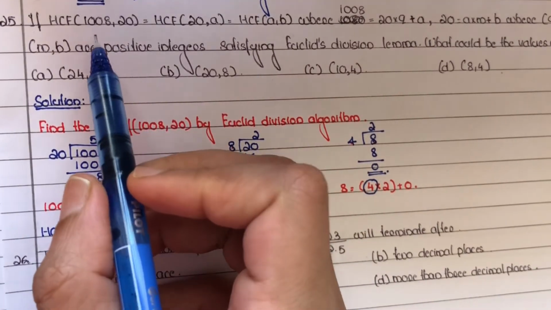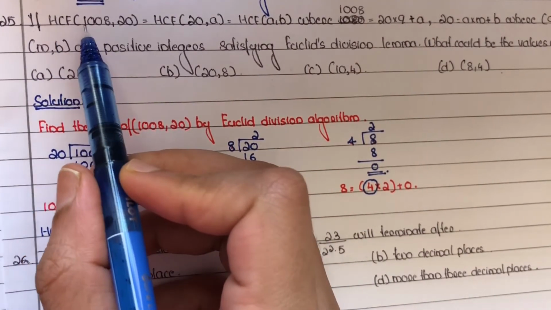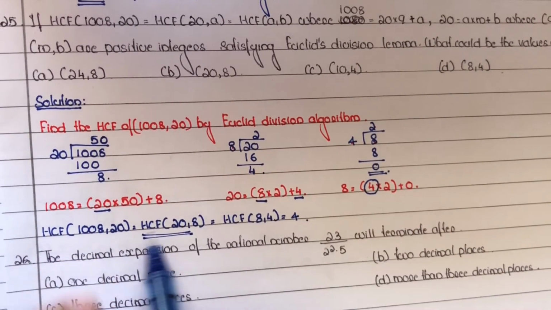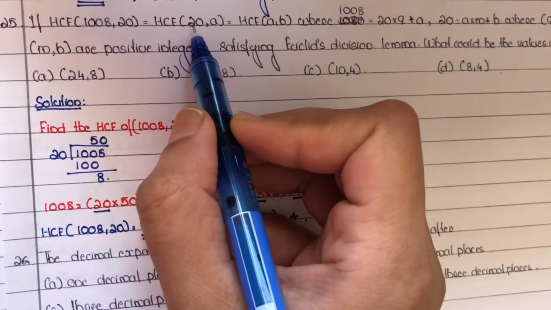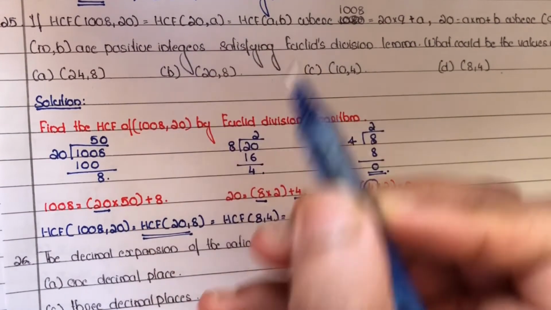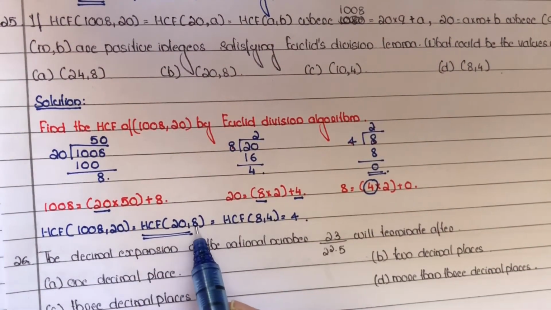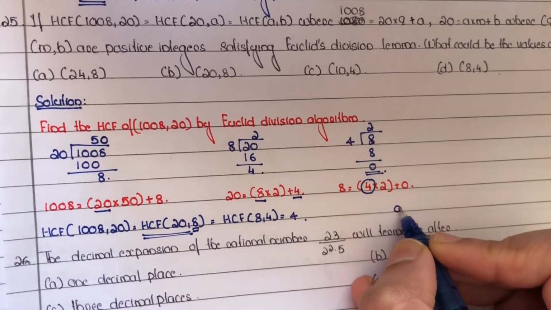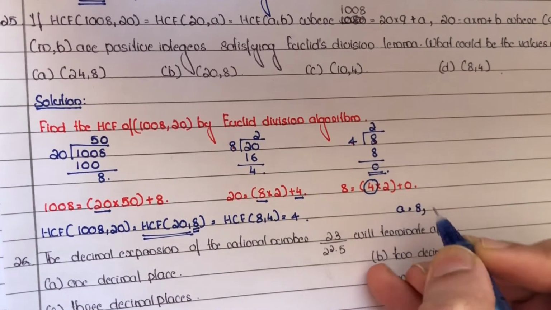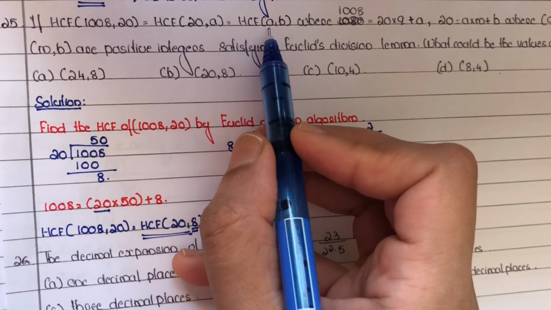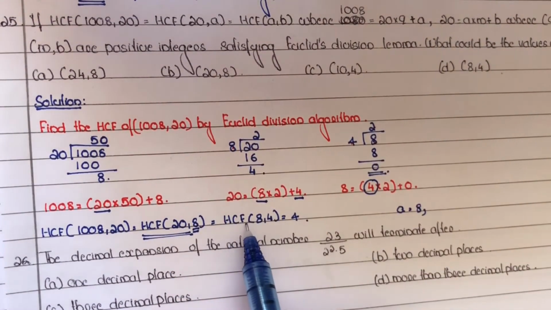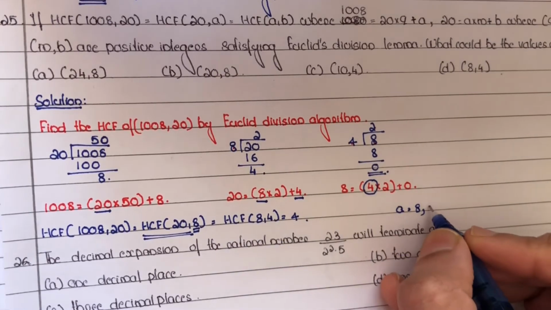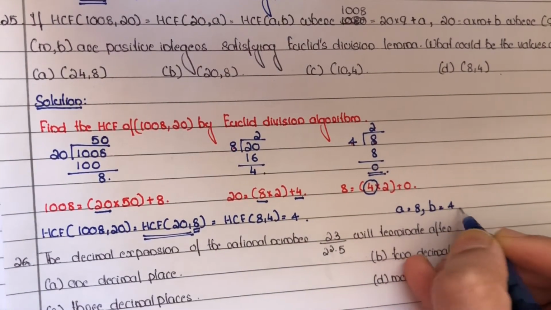Look, here it is given HCF of 1008, 20 equal to HCF of 20, A. So here A is 8. Next HCF of A, B is equal to HCF of 8, B, that is 4. B is equal to 4.